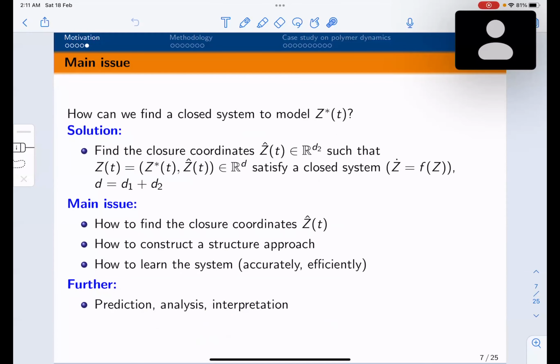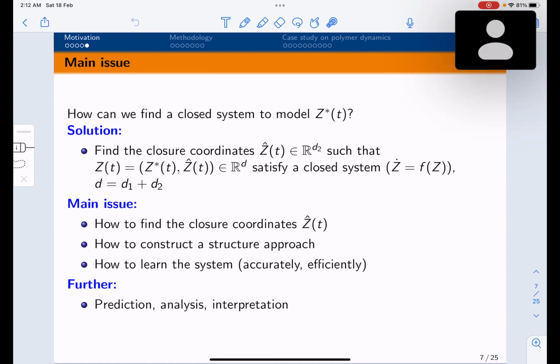And then the main issue is how could we solve this? Because just now we said that this RT didn't satisfy a closed dynamic system. So we want to know how can we find a closed system to model this RT? And our solution is to find the closure coordinates. We set the closure coordinate as z hat t, and the dimension is d2. Then we combine the z star t and the z hat t together. We set a zt, and the dimension is d.